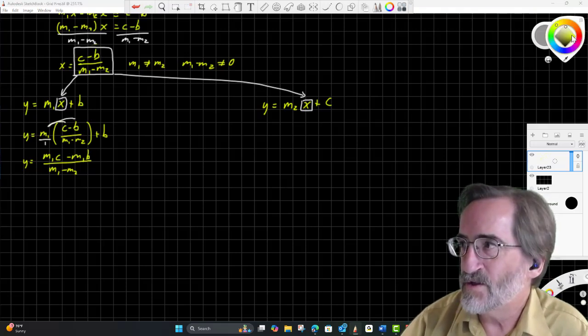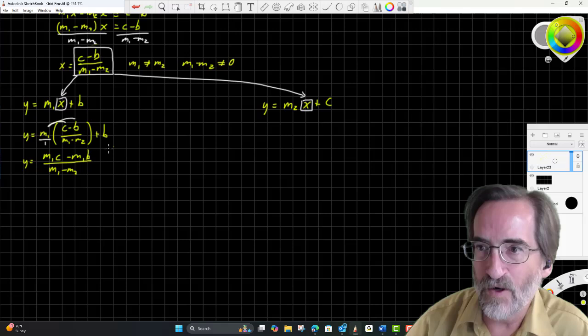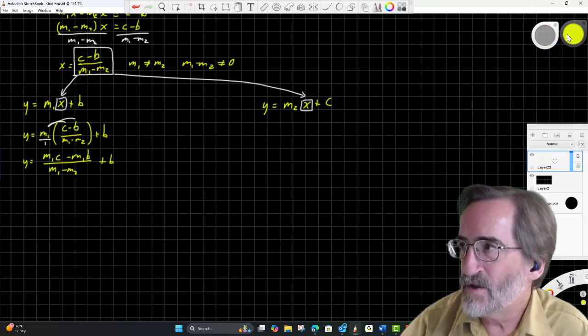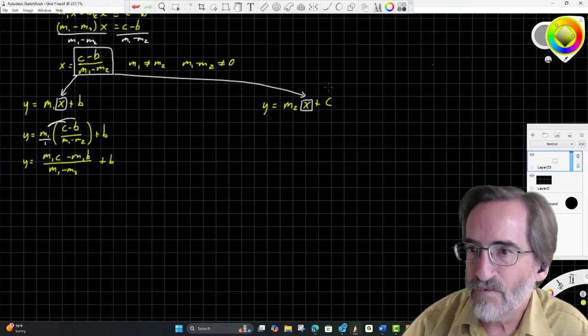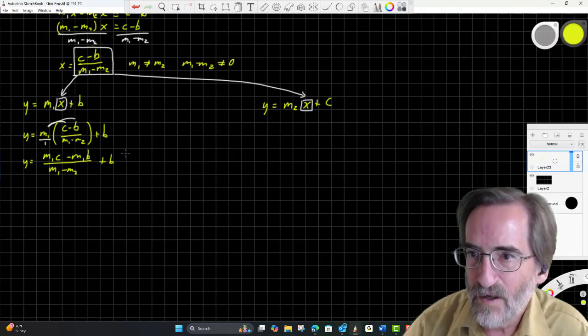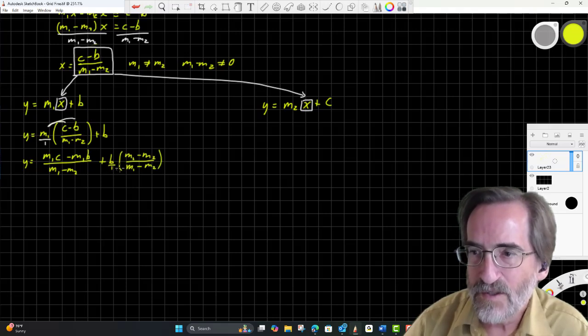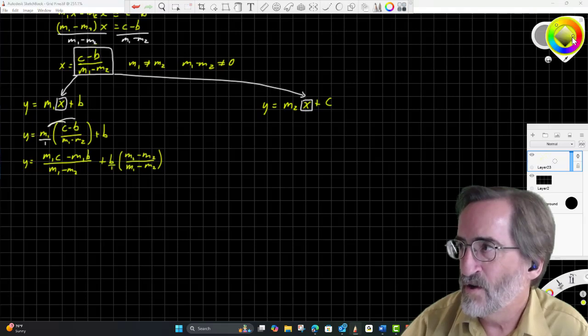So multiply by the numerator, plus b. Now I need a common denominator, so I'm going to multiply b over 1 by (m1 minus m2) over (m1 minus m2). Multiplying the top and bottom of a fraction doesn't change its value.